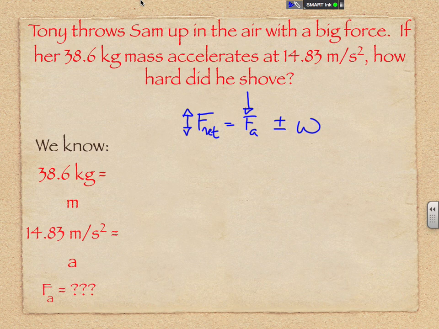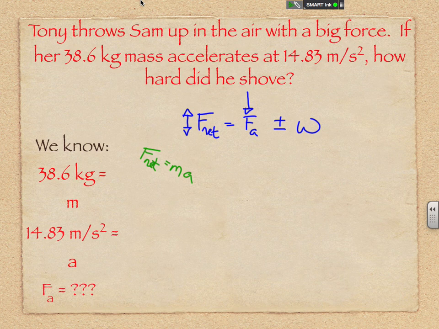I know Fa, I know M. So again, do I panic, curl into a fetal position and cry? Or do I say, hey, do I have a formula for Fnet? And you say, sure, I know that Fnet equals MA.